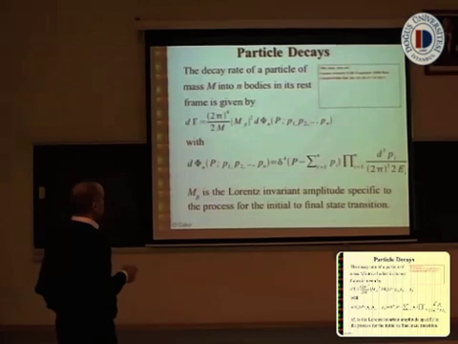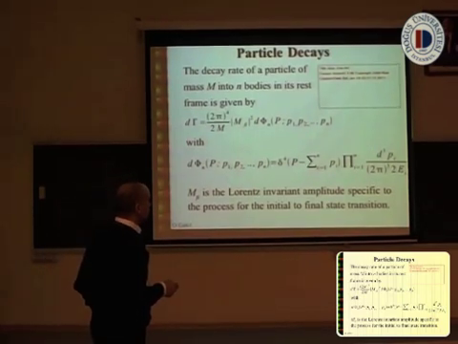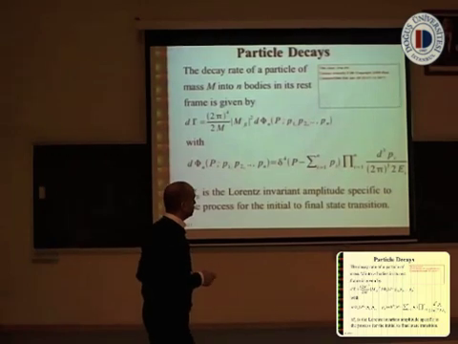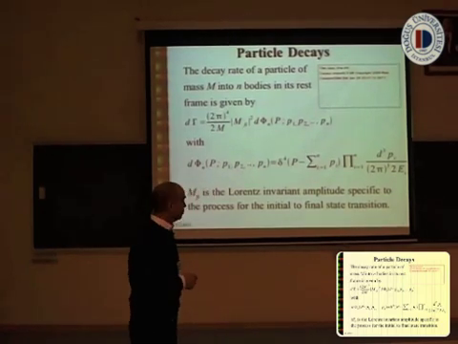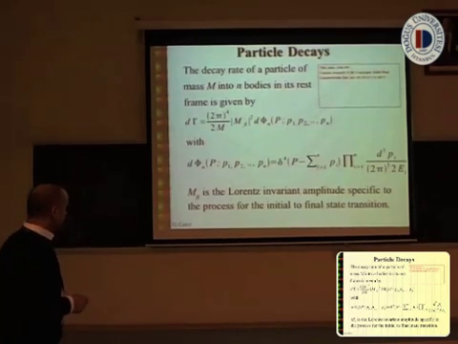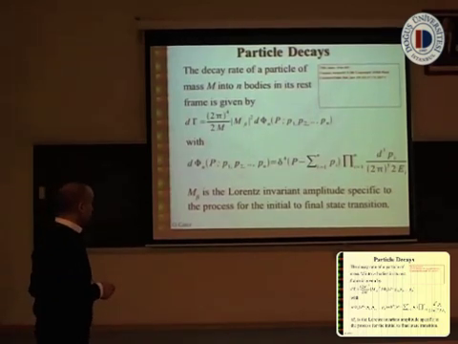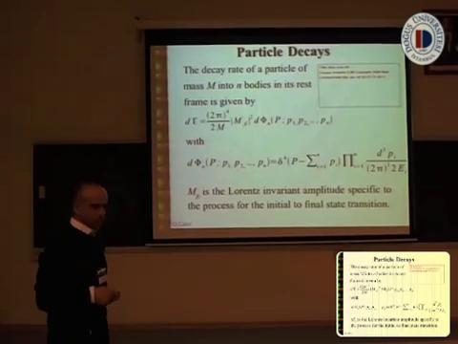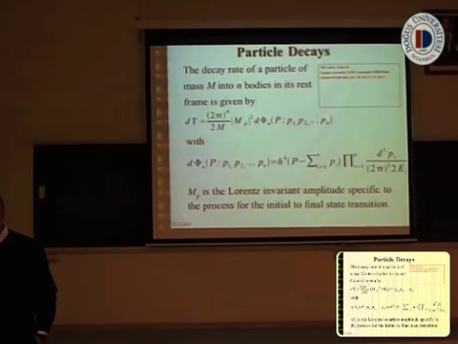This is the factor for the decay width calculation, the differential decay width, and the phase space is given here, which gives us the momentum conservation in this relation, and M_fi is the initial to final state transition amplitude.